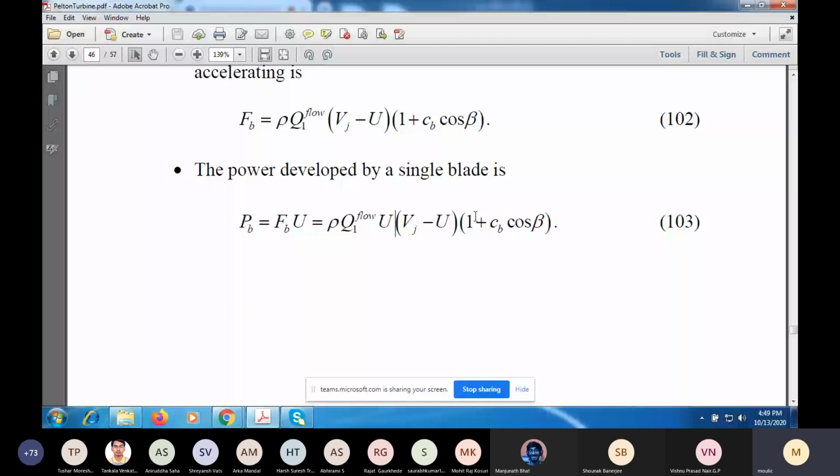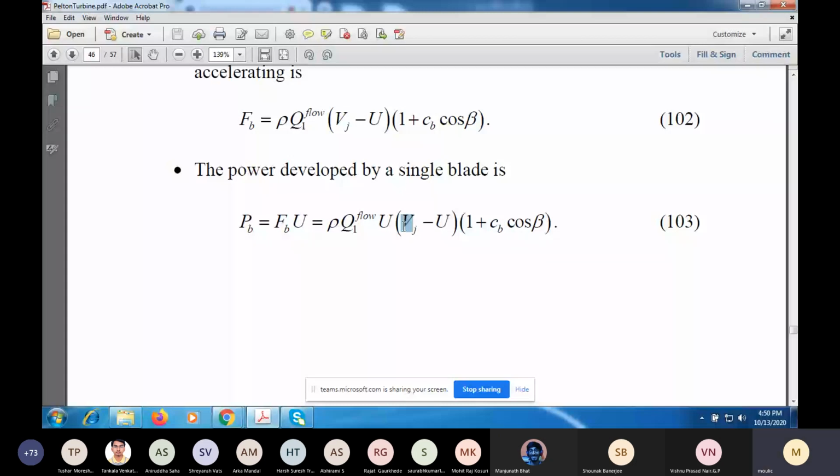So if I put Cb equal to 1, then this reduces to the expression which we have derived before. This is not a very important part of this course. However, I thought I should include it because some of the duality students might be appearing in GATE next February, and there will be a section involving fluid machinery in GATE.